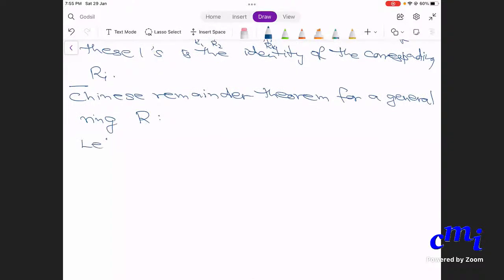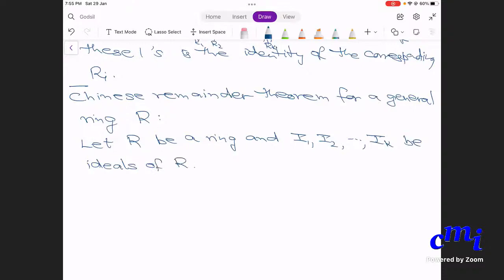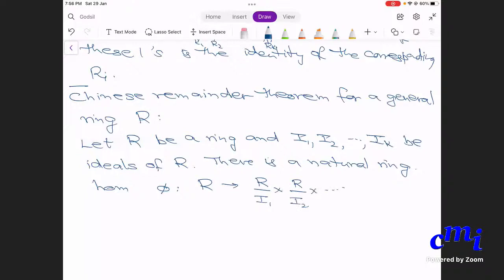Let R be a ring, and I1, I2 up to Ik be ideals of R. Then there is a natural ring homomorphism Phi going from R to the product of all of these quotients, R mod I1 cross R mod I2 cross up to R mod Ik.